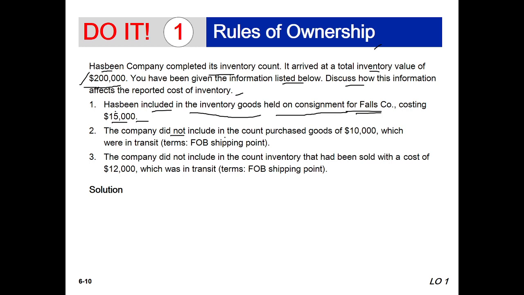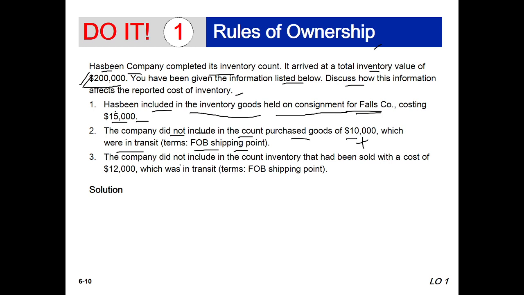The company did not include in the count purchased goods of 10,000 which were in transit, FOB shipping point. That means with FOB shipping point, the company has the right, legally, to count these goods in its inventory. So they did not include them, so we should include them; it should be added to this 2 lakh.